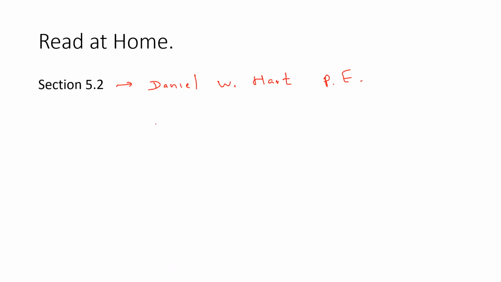In the NPTEL document, the explanations are a little bit harder to understand, but Daniel W. Hart is very easy, and Rashid's book is also very easy. I'm going to introduce that book to you guys. Don't worry. Also refer to the NPTEL ones, but the Daniel W. Hart book will give you a better explanation on things.